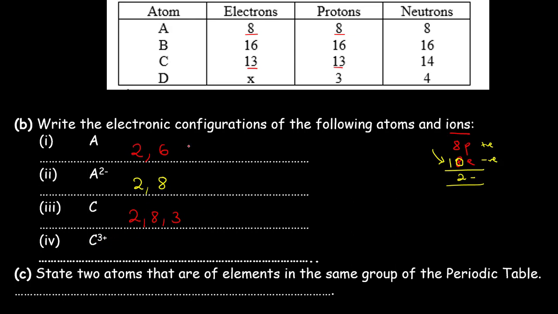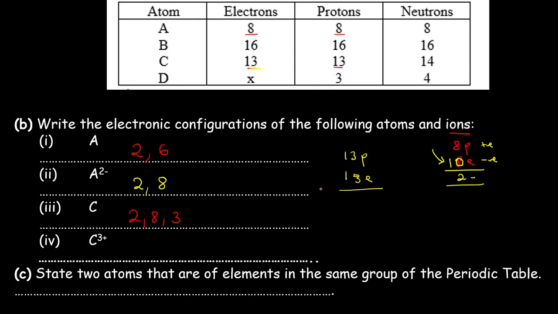C3+. It means that our C initially had 13 protons and 13 electrons. But a 3+, it means it has 3 positive charges more. And because atoms cannot lose or gain protons because they are in the nucleus, the best they can do is to lose or gain electrons.